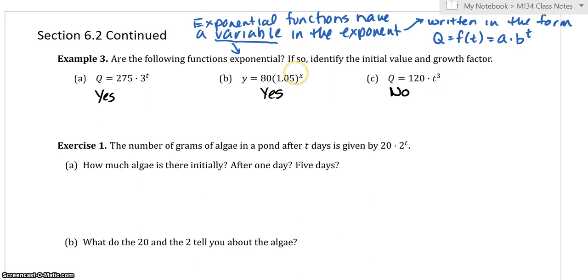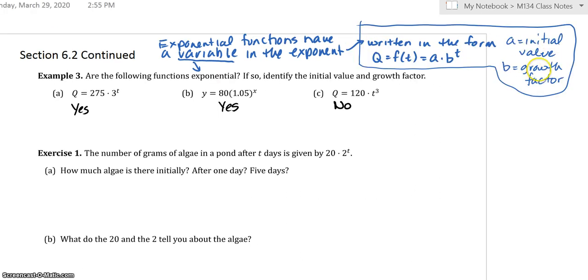So the question also asked if they are exponential, identify the initial value and the growth factor. So if you remember, A is the initial value and B is the growth factor, which I added on the right. So here, the initial value, the A, is going to be the 275, and the growth factor is going to be 3.